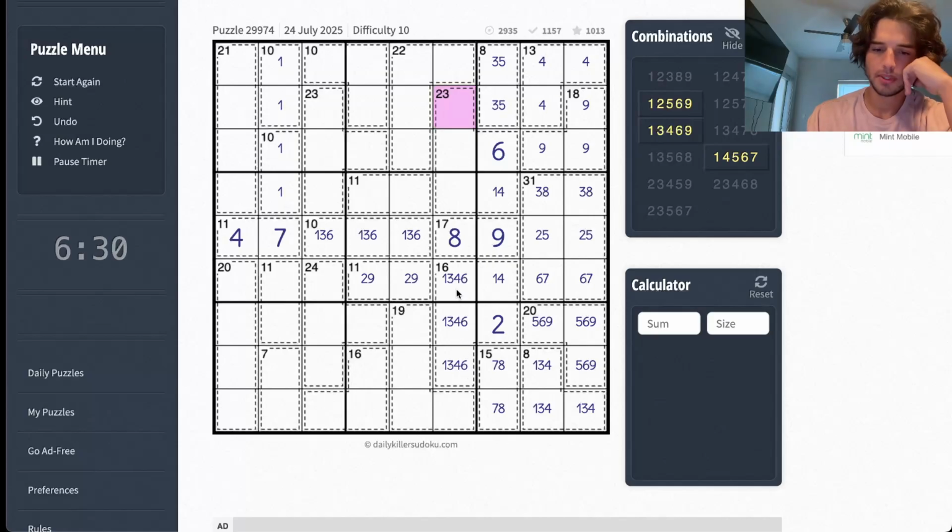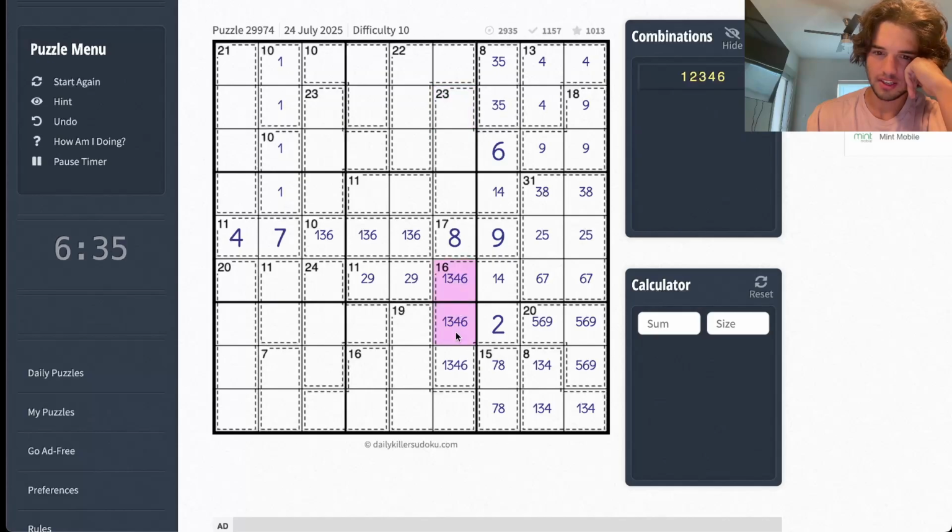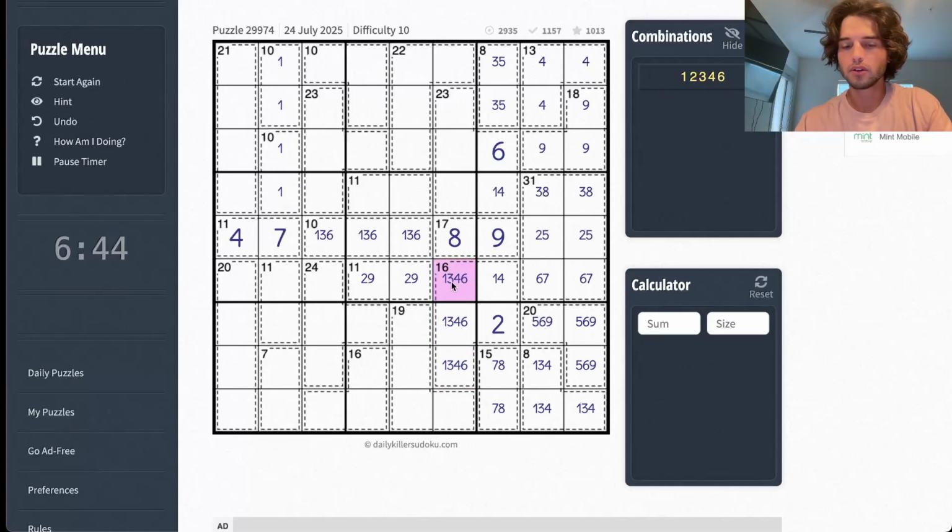Okay, so we know it's going to have both a 3 and a 6 here, I believe. Because if it were to only have, yeah, it's gonna need a 3 and a 6 in here. And then one other 1 or 4, which I think is very restrictive of this 11.